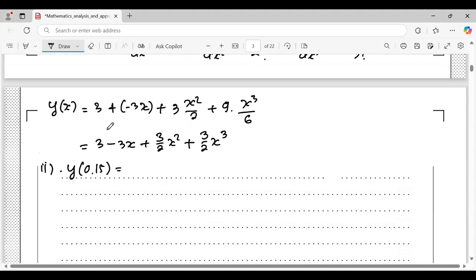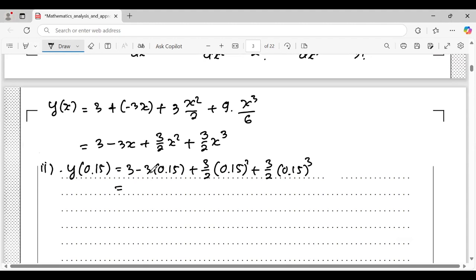Okay, just now, if x equals 0.15, substitute into this expression. It's going to be 3 minus 3 times 0.15 plus 3 half times 0.15 squared plus 3 half times 0.15 cubed.